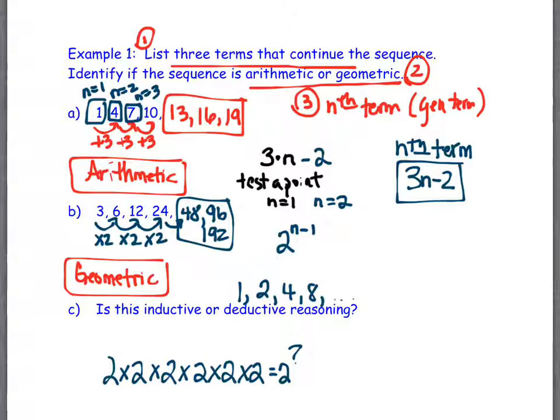If I put in that my sequence is simply 2 to the n, let's just say we had 2 to the n. If I put in n equal to 1, it should give me the first term. But if I put in n equal to 1 in here, what is 2 to the 1 power? It's 2, so it doesn't actually give me the first term, it gives me the second term. So if the exponent is left as n, it gives you the second term instead of the first term.